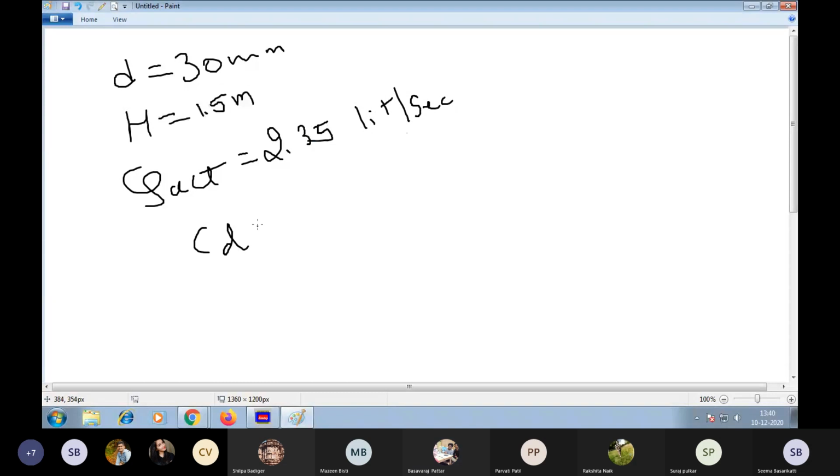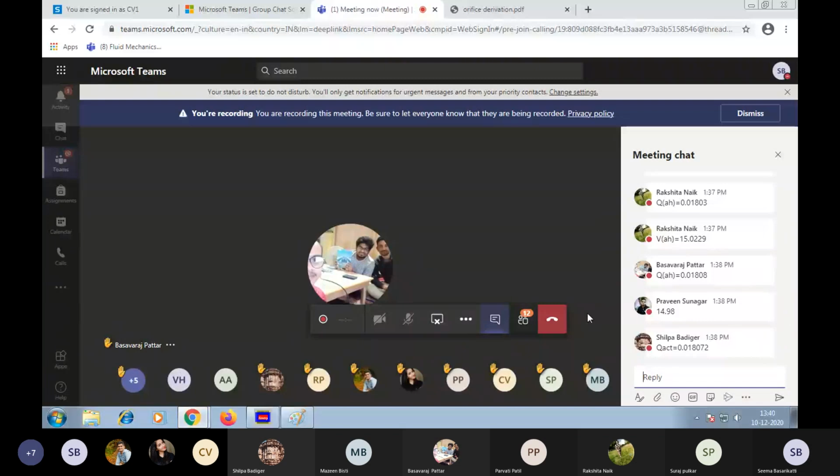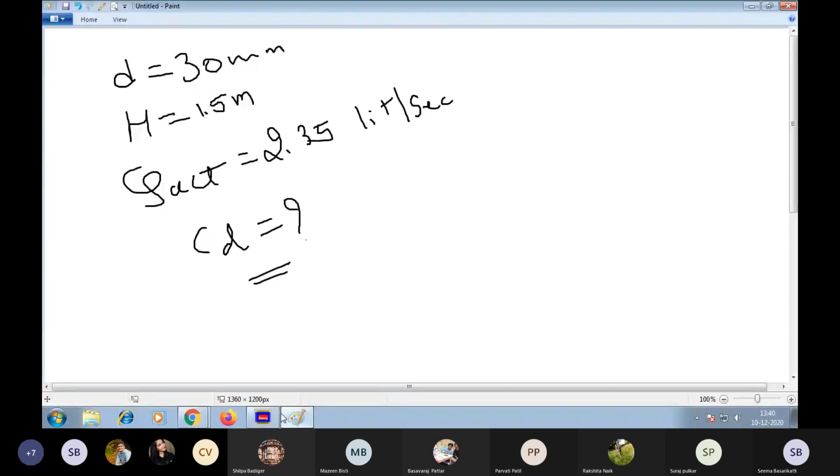Find the coefficient of discharge. A very simple problem. Convert this liter per second into meter cube per second, equate the values and tell me the answer for CD.